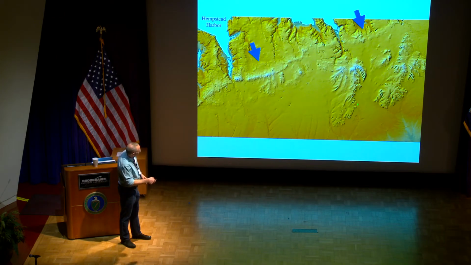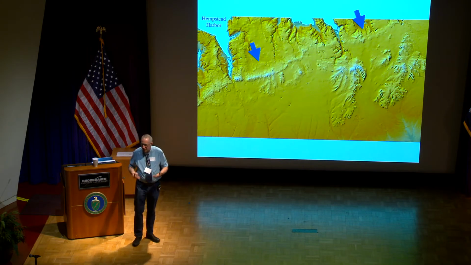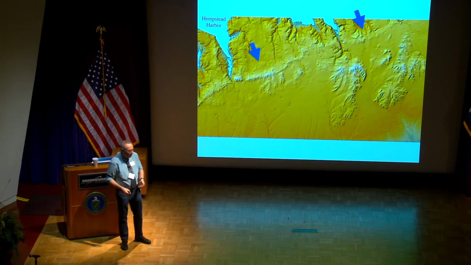You can especially see it over here. The edges of these hills look like they're partially buried in these smooth deposits. And then we have all these valleys, and these valleys were the conduits for the meltwater coming out from under the glacier.